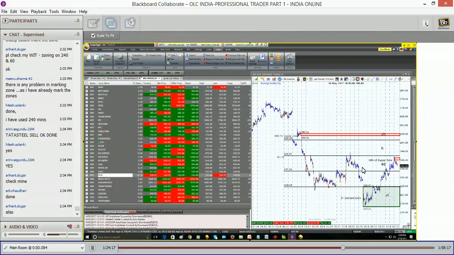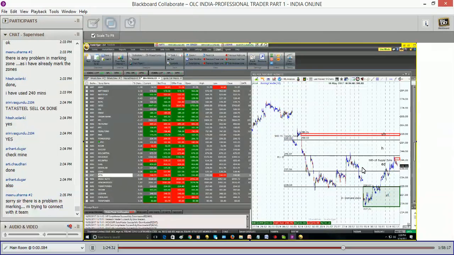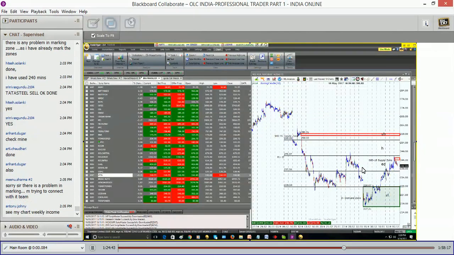Absolutely perfect, Hitesh. Now go back to the smaller time frame. Okay, Meenu, just get in touch with them. But Meenu, I haven't looked at any of your charts, so I want to give some time to how you mark your zones.